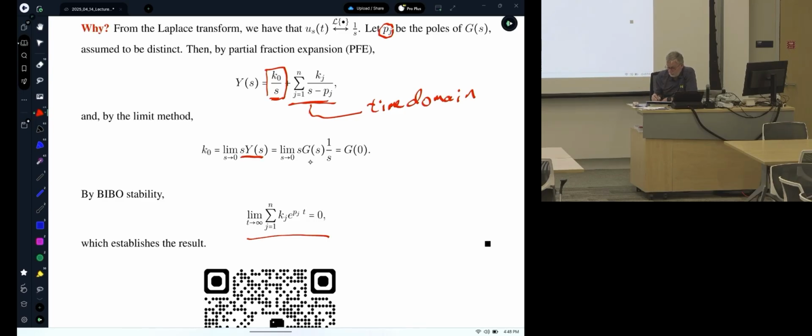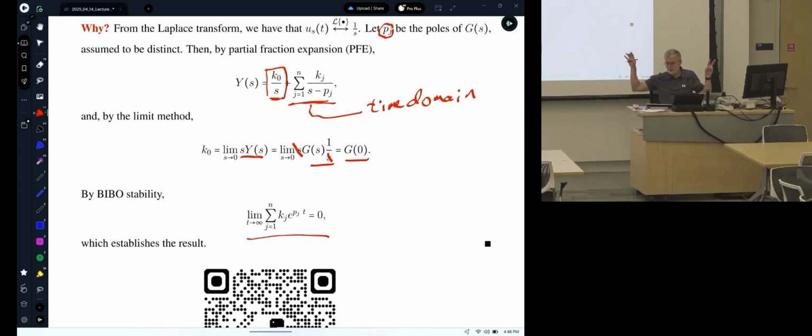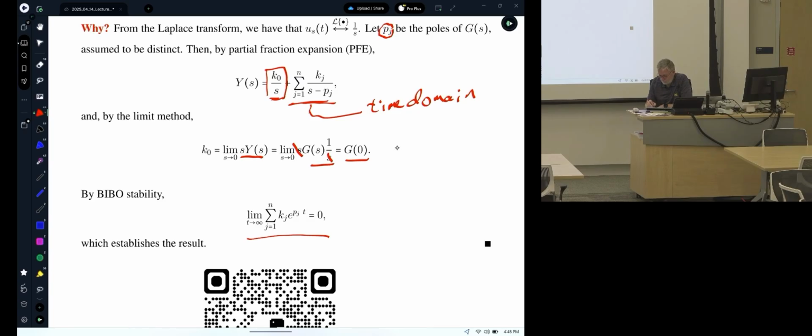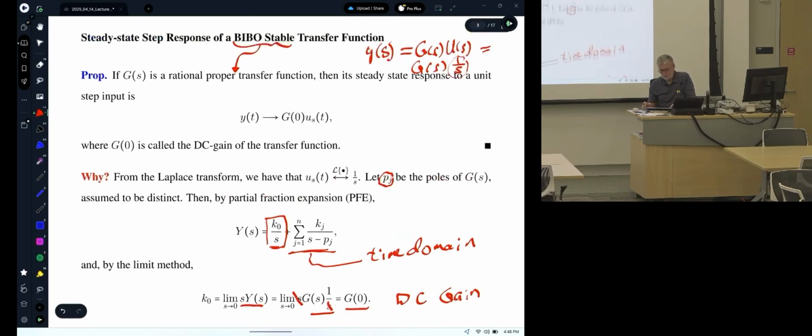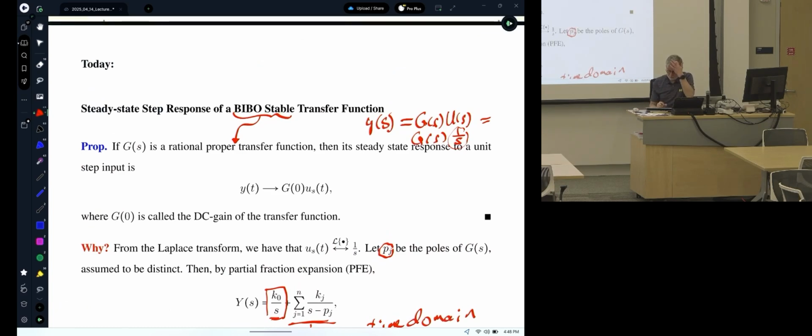And then here, this and this cancel. And so we're just left with the DC gain of the transfer function. Okay? S is a frequency. When we set it equal to 0, direct current. That's the electrical engineering term for it.